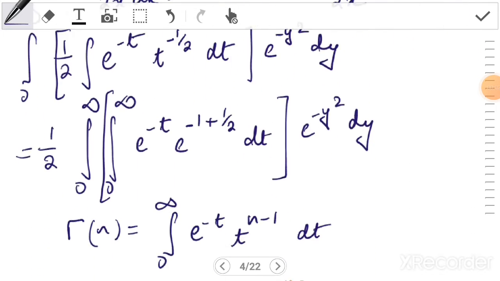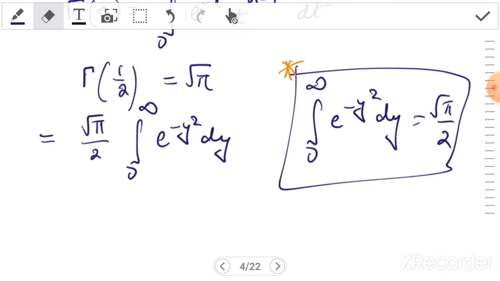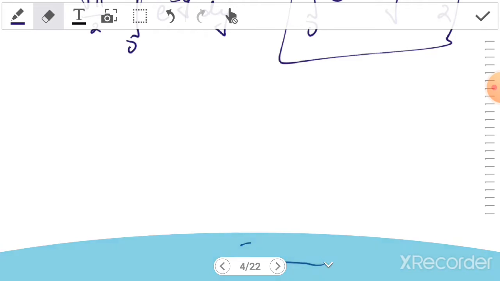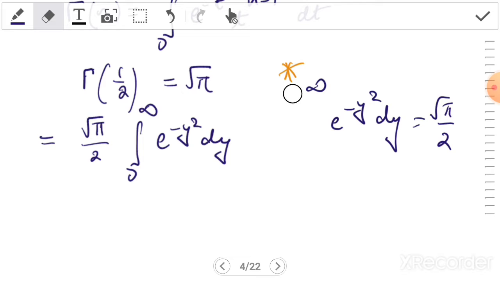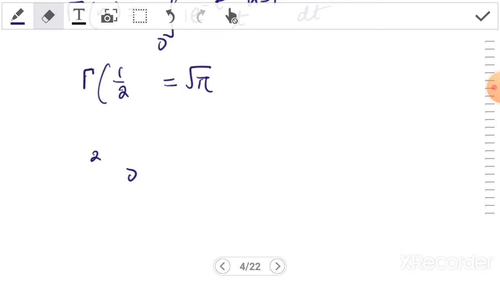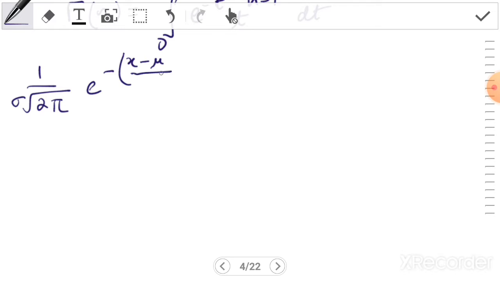Alternatively, if you recall, 1 by sigma root 2 pi e power minus half of x minus mu by sigma whole square.